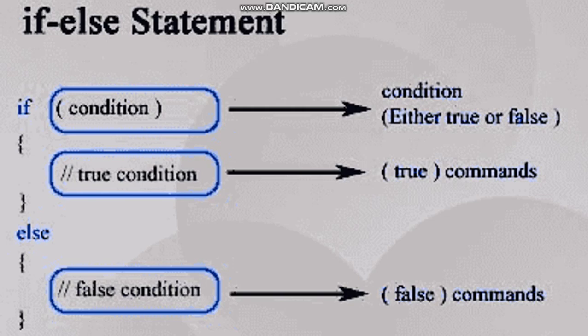This is the condition, the equality one, and adding 5 to b is my code depending upon that condition. Only if a is equal to b will this code run. Else run another code, like add 5 to a, or any other code.